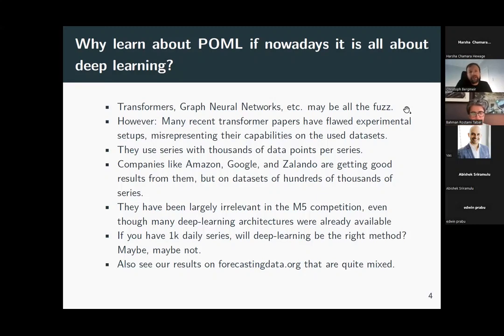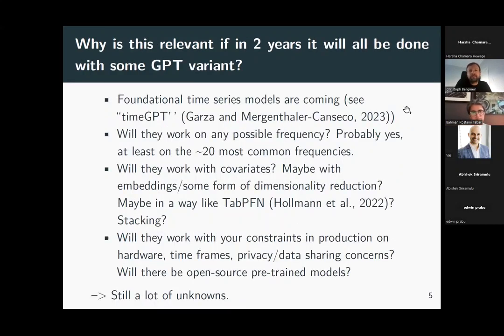The other thing to address is obviously why we should even bother about this if in 2 years everything will be done with some GPT variant anyway. Won't all of this soon be obsolete? Look, the answer is these foundational time series models are definitely coming. We've seen TimeGPT coming out.